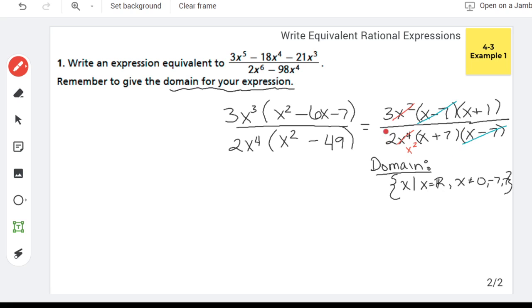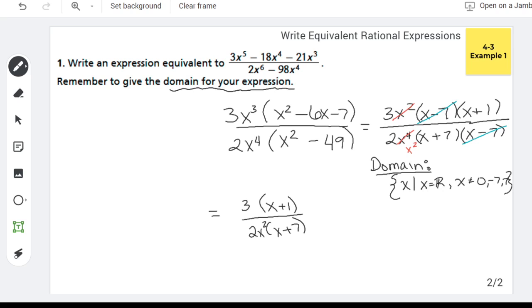And that looks like everything that reduces, right? 3 and 2 don't have any common factors. So our final equivalent expression, I have a 3, and then I have an x plus 1. And then down here I have a 2, I have an x squared, don't forget that x squared, and then an x plus 7.